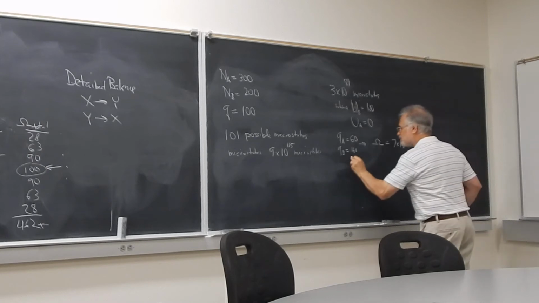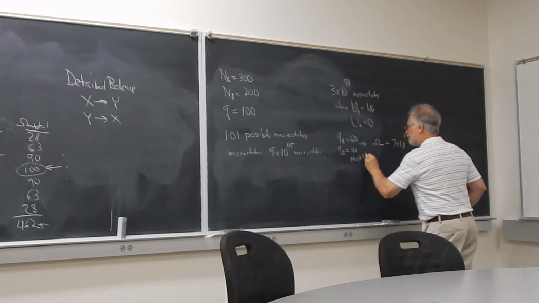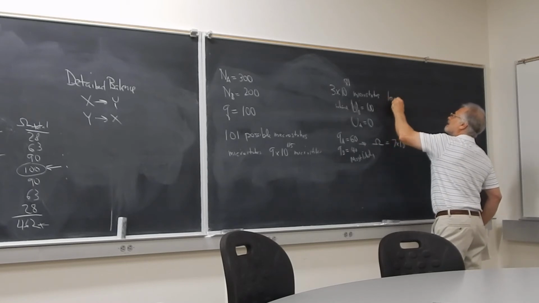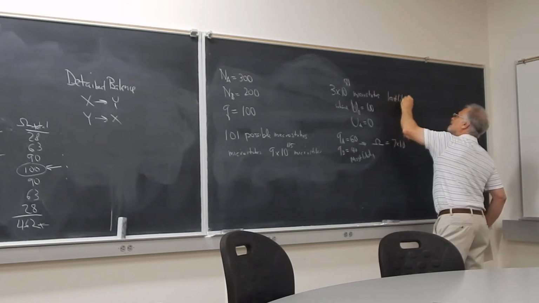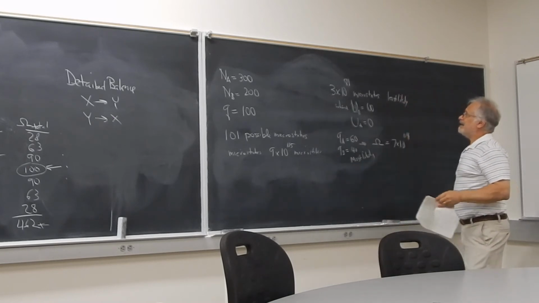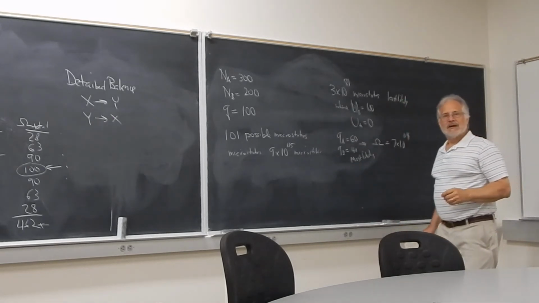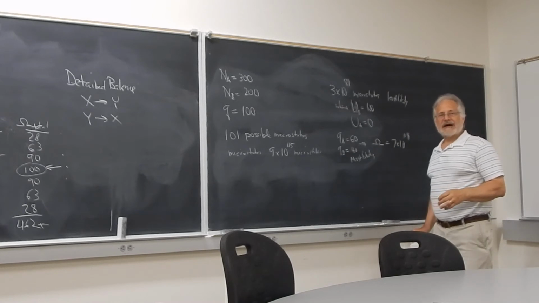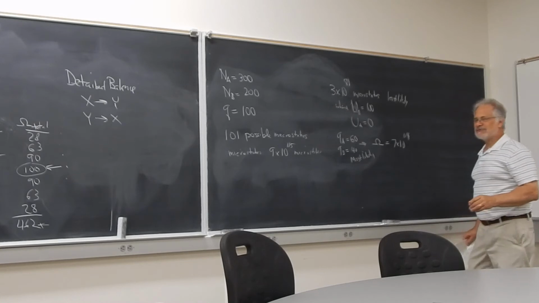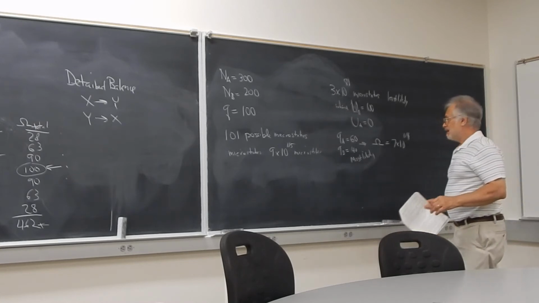So this is the most likely macro state. This is the least likely. Again, the numbers are telling us something. 3 times 10 to the 81st microstates sounds like an enormous number. But compared to 7 times 10 to the 114th, it isn't all that big.